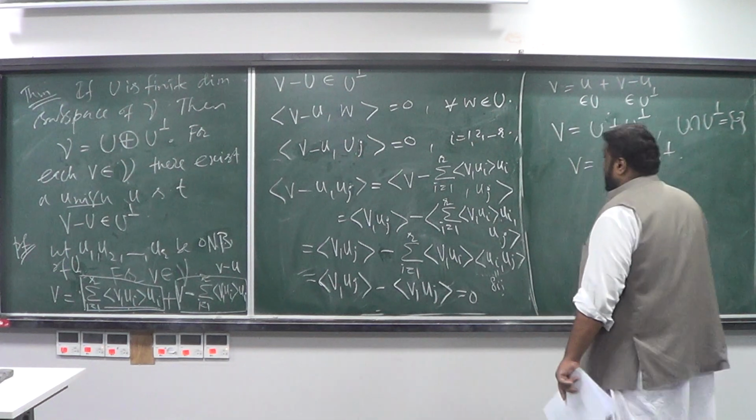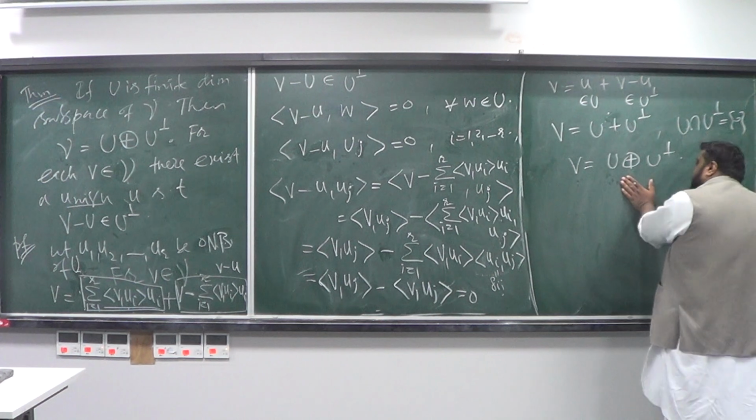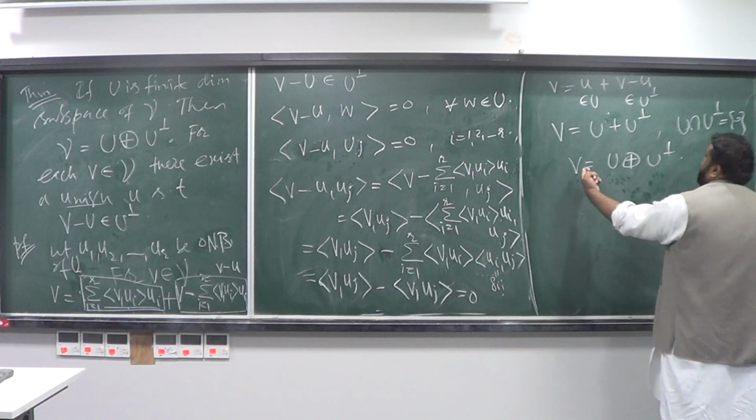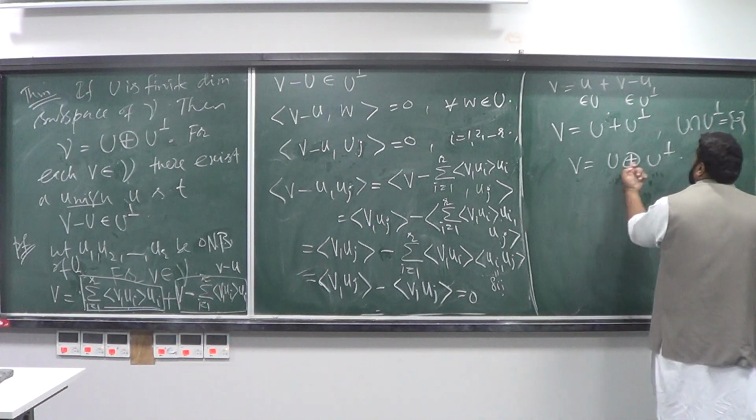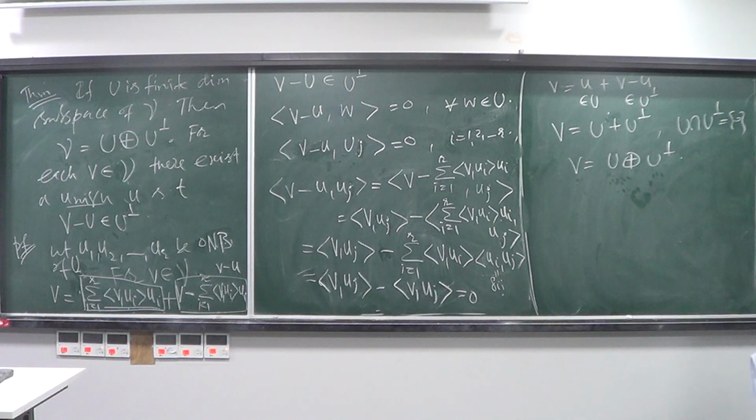And if V is the direct sum of U and U perp, every single element in V can be written uniquely as the sum of an element in U and an element in U perp. So this really completes the proof of it.